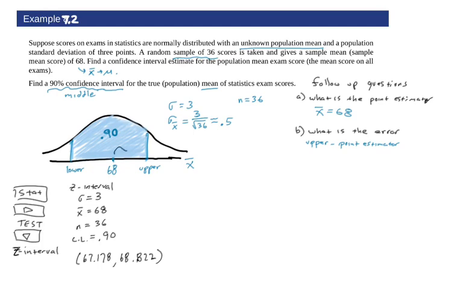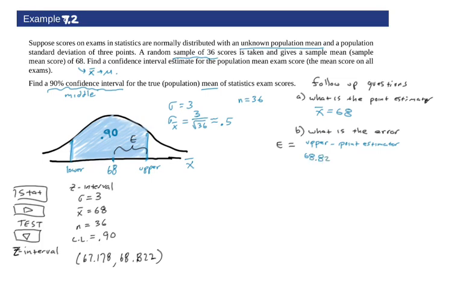So this distance from here to here is actually my error. And so my error here is going to just be the upper minus the point estimate, which is this guy. So if I subtract those two there, that's going to end up giving me my error.